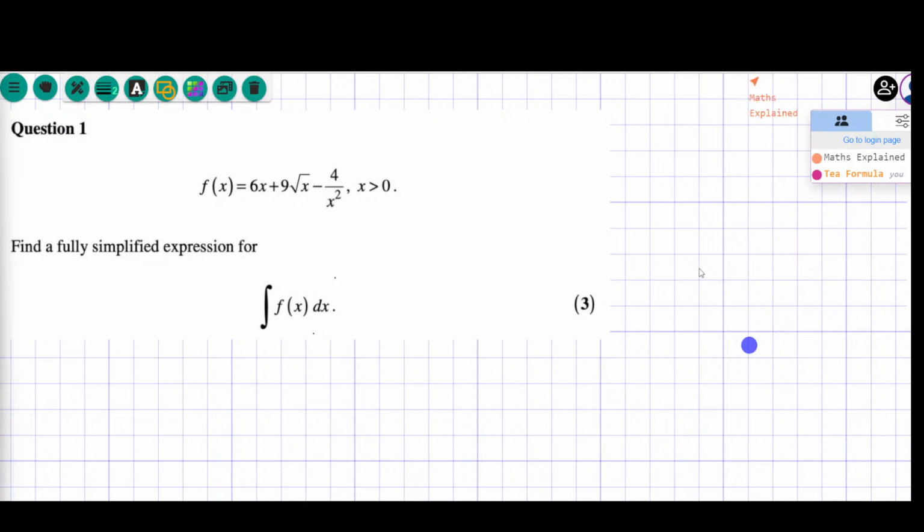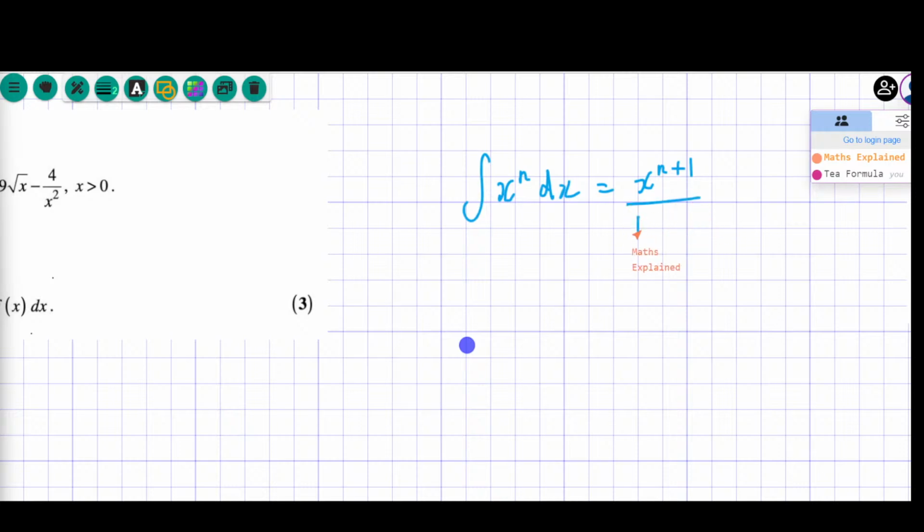So the main thing I'm going to be focusing on is the power rule, which says the integral of x to the n with respect to x is equal to x to the power of n plus 1 over n plus 1, plus c. This is, of course, when n is not equal to -1.